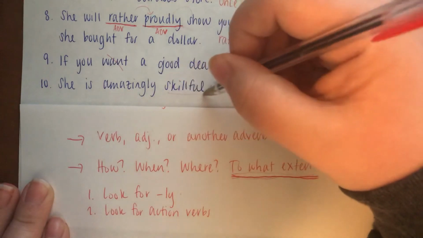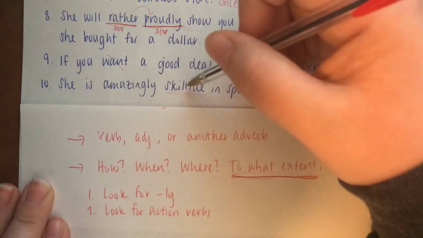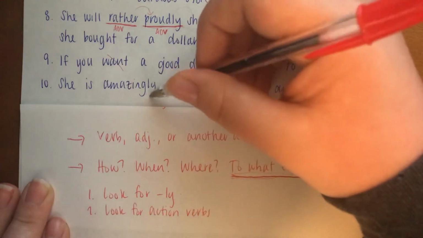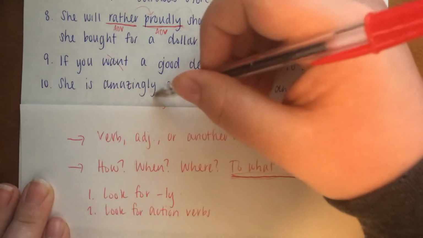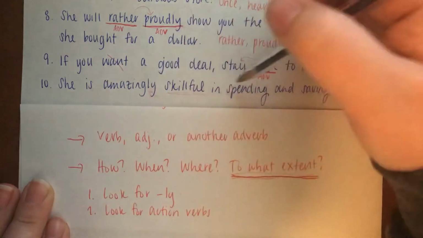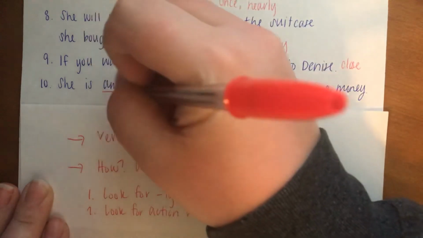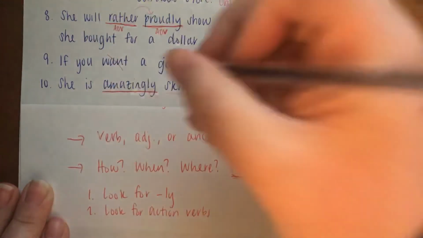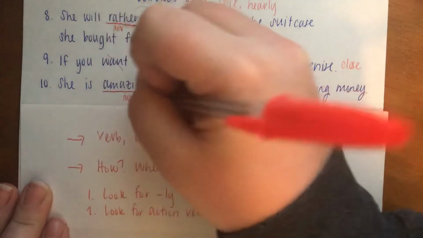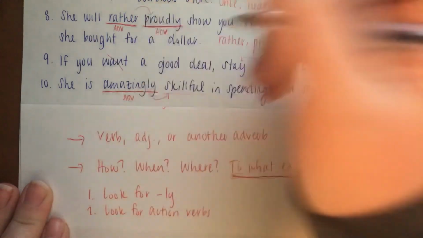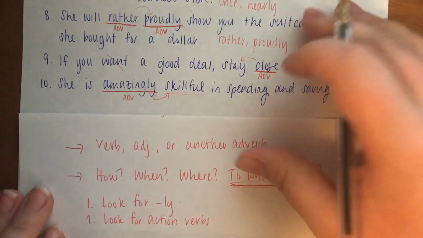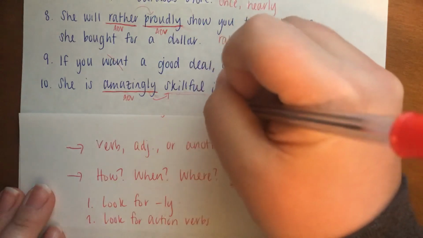Skillful is an adjective that is describing she. Skillful to what extent? Amazingly. Again, this is another way of saying very. She is very skillful in spending and saving money. She is amazingly skillful. So here, amazingly is our adverb modifying the adjective skillful.